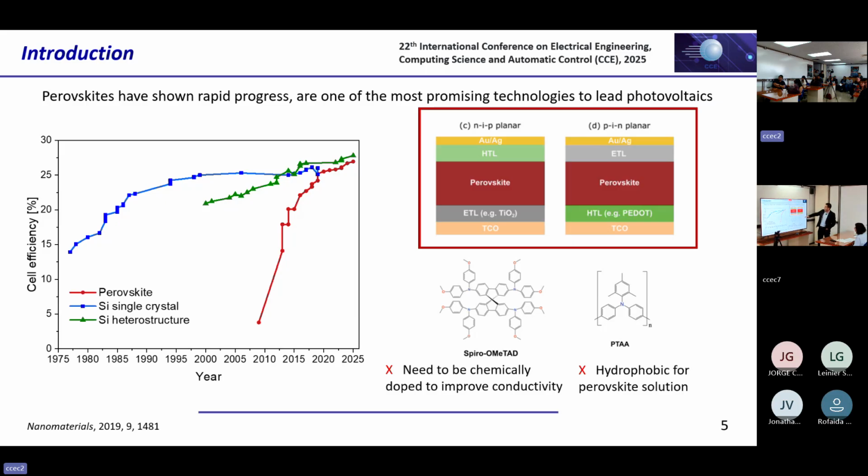Up to the last 2 years, it was the most efficient material for the perovskite solar cell. But the problem with this material is that it's very hydrophobic. So when you try to deposit the perovskite film, you don't get good reproducibility. So people started to develop more and more materials in order to replace this molecule.